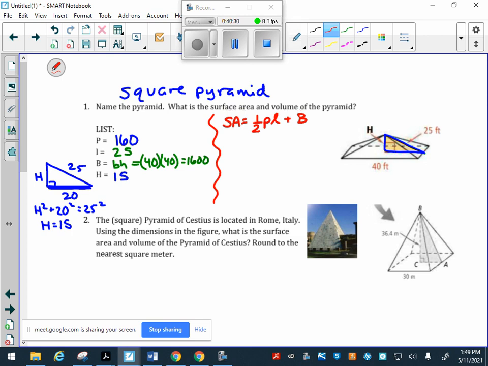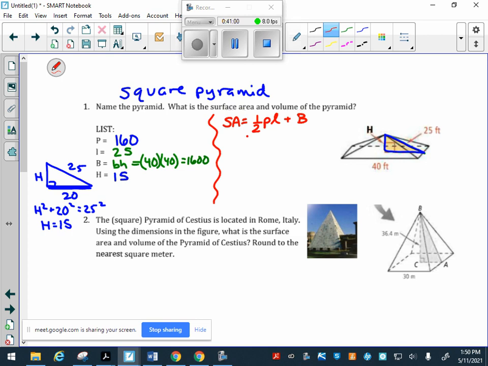If you're going to divide by 2 instead of times a half, that's fine, but you have to only divide the PL by 2. If you do PL plus B and then divide by 2, you're really only adding in half the area of the base because you're taking half of everything. You can't do that. You have to make sure the 1/2 only goes with the PL and then add the whole B. Okay? You got me?